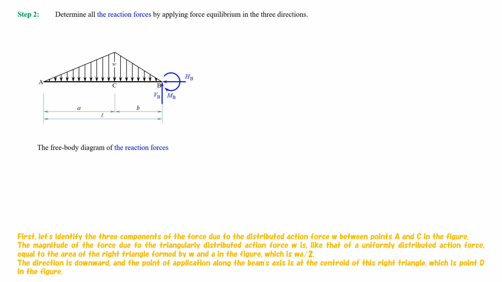First, let's identify the three components of the force due to the distributed action force W between points A and C in the figure. The magnitude of the force, due to the triangularly distributed action force W, is, like that of a uniformly distributed action force, equal to the area of the right triangle formed by W and A in the figure, which is W multiplied by A, divided by 2.